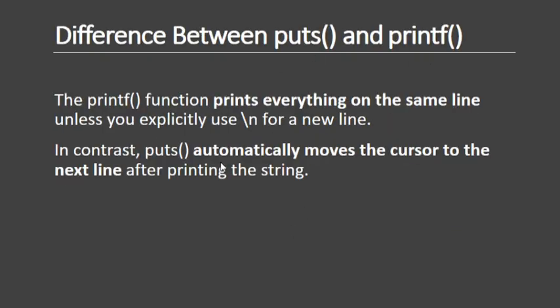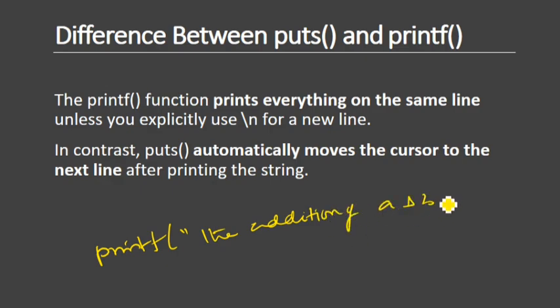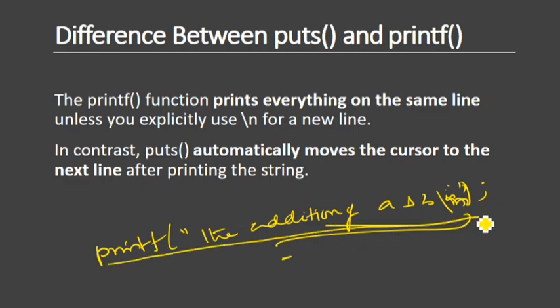Generally when you are writing printf, something like the addition of a and b is, the cursor stays in the same line, right? Unless you write the newline character, the cursor does not go to the next line. So the printf, after printing the message, will stay in the same line, but it will not go to the next line unless you write \n.